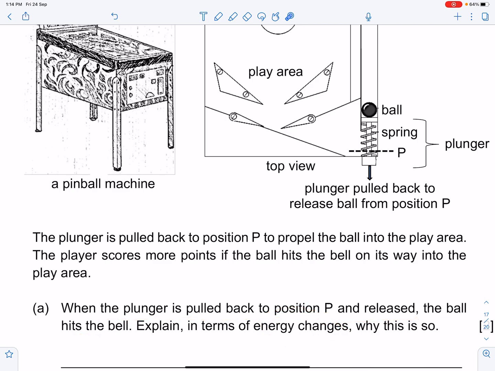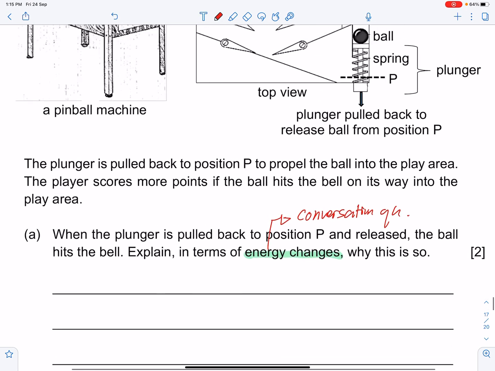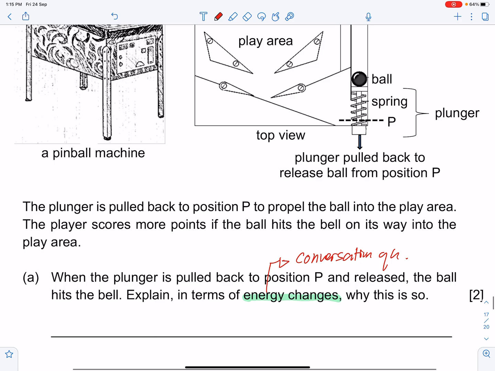Why is this so? Energy changes tells me that this is an energy conversion question. So what I need to do is first find out what kind of energy is converted to what type of energy. They say start at P, right?